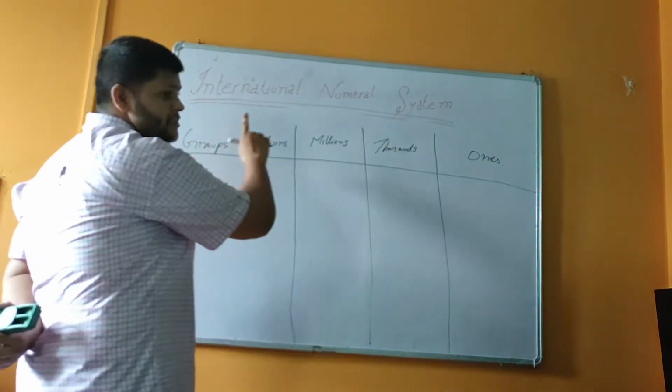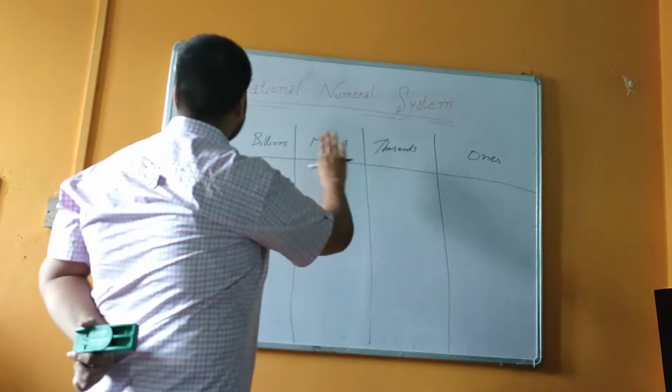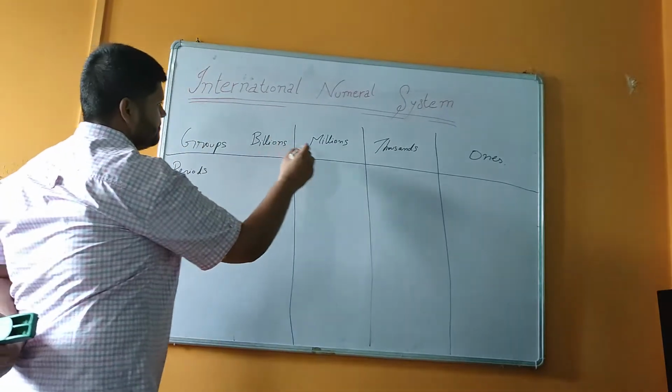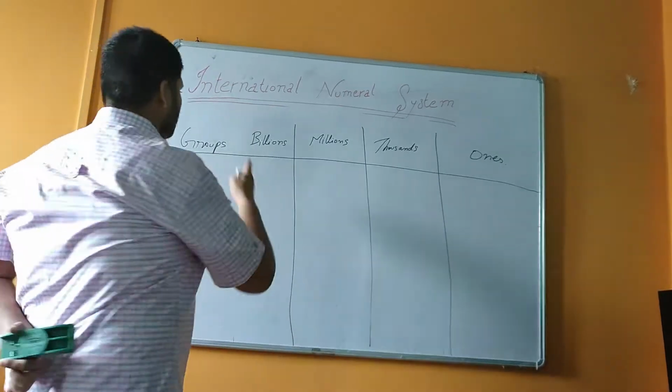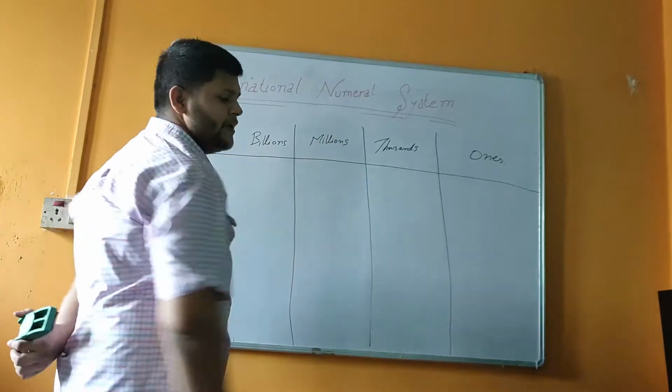So in the international numeral system, you have altogether four groups. What are they? Billions, millions, thousands and ones. Of course we have more, but we are not dealing with that much. For the time being, knowing four is enough.